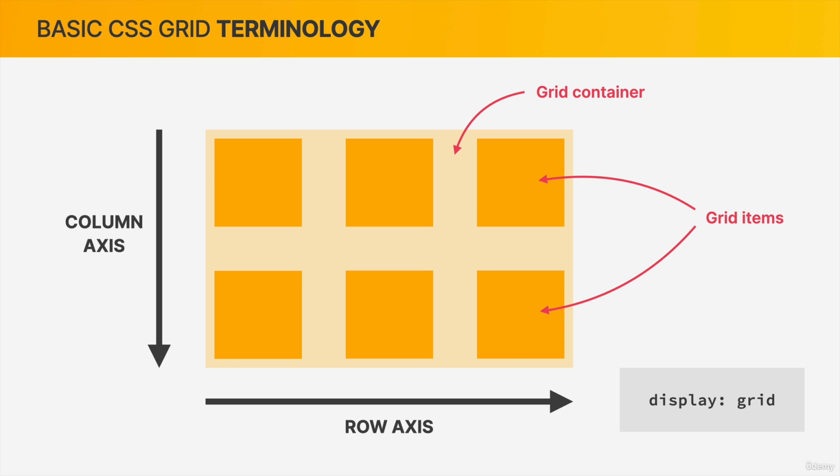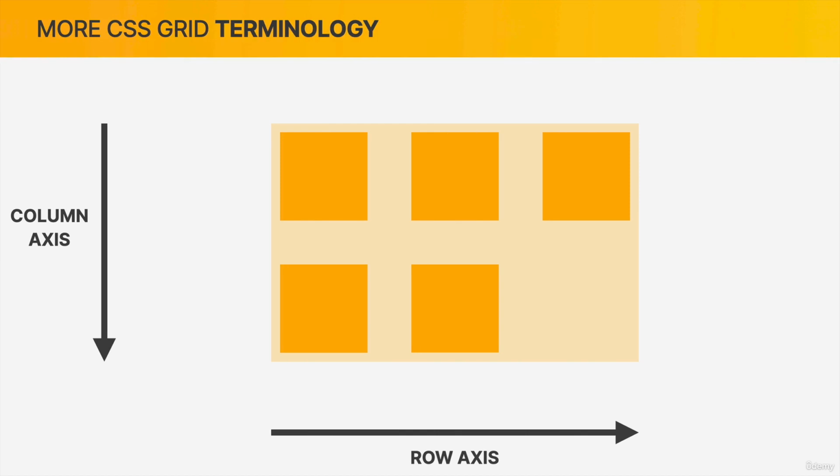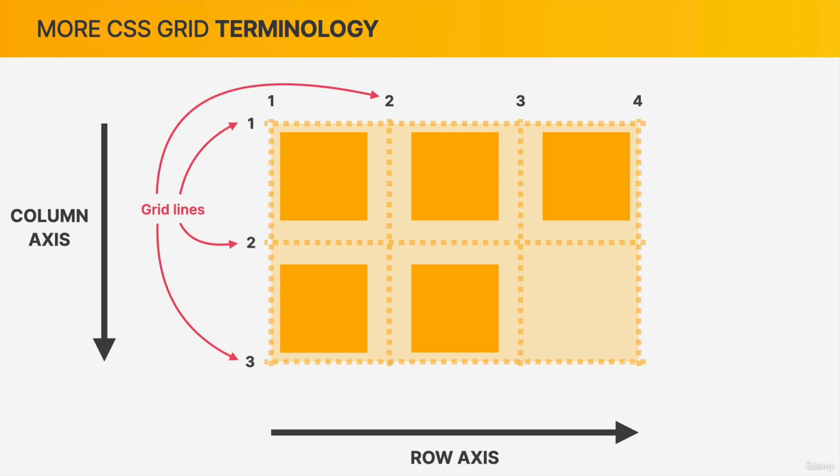However, since two-dimensional layouts are a bit more complex, we need some more terminology in order to really understand what's going on. So let's look at some more terminology here. So this is what we just saw before, but now let's also introduce the concept of grid lines, which are these lines which basically divide up the grid and separate the columns and the rows.